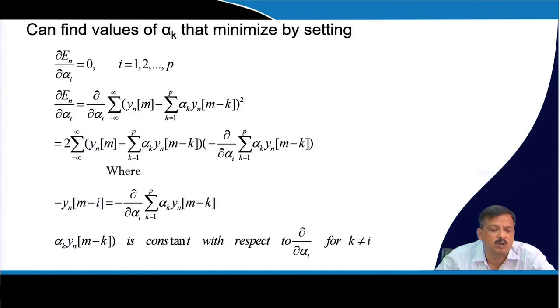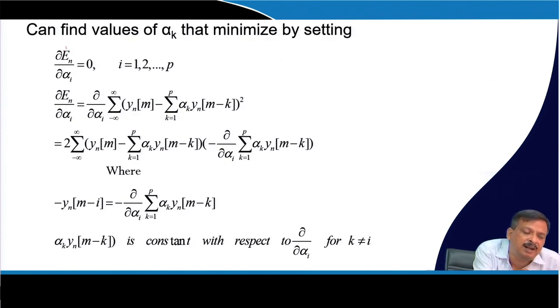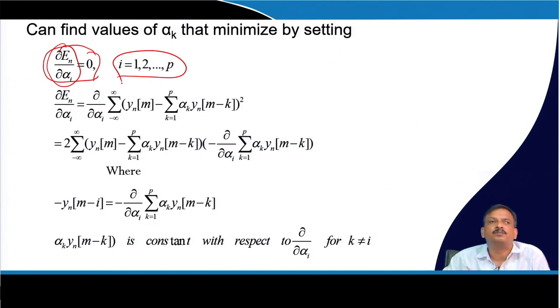So I take dE_n divided by d alpha_i equal to 0 for i equal to 1 to p, where p is the number of predictors. Let us say I want to design a predictor with p equal to 20.